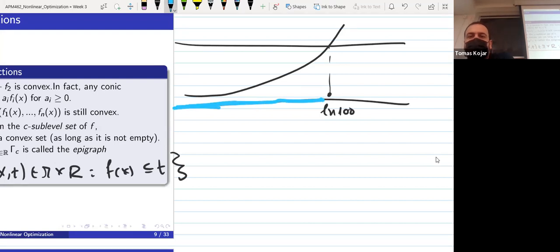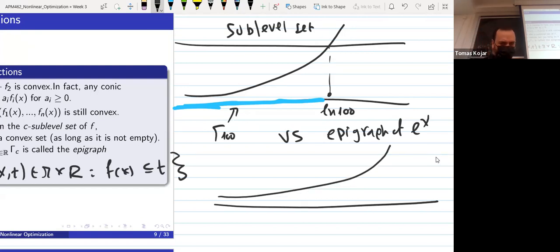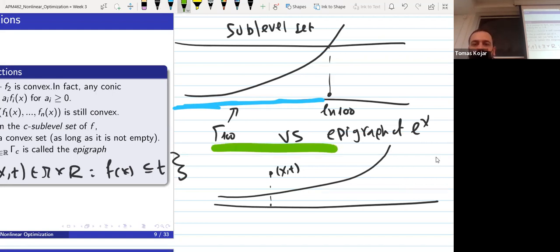And this guy over here is the sub-level set, gamma 100. Sub-level set versus epigraph of e to the x. The epigraph will be all the t, so you give me all the points xt, such that t is above f of x. Okay, so here's the epigraph.